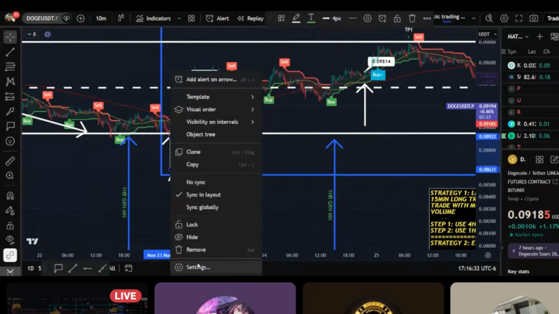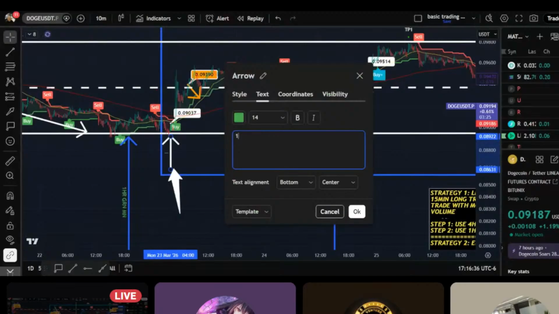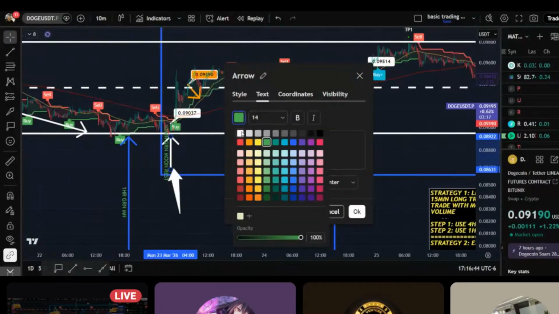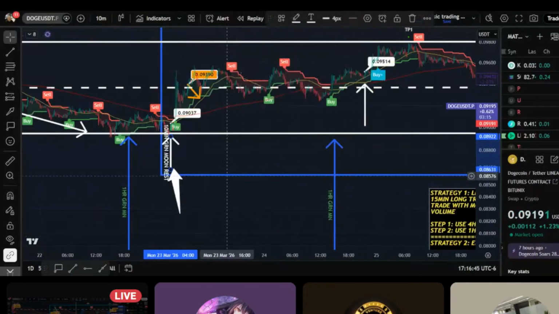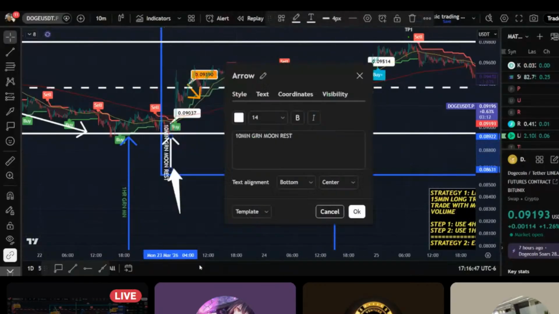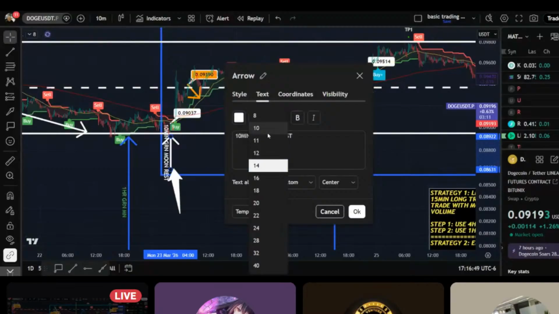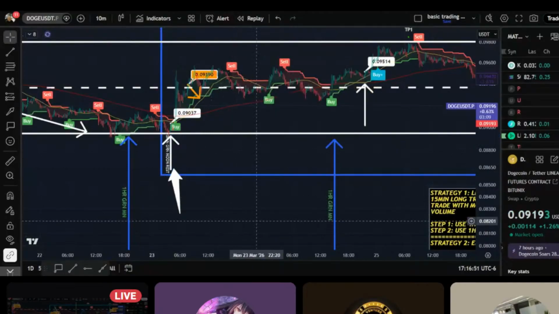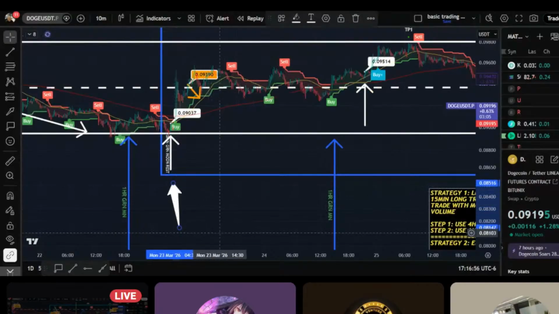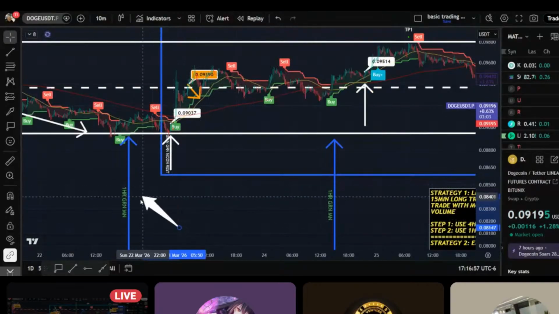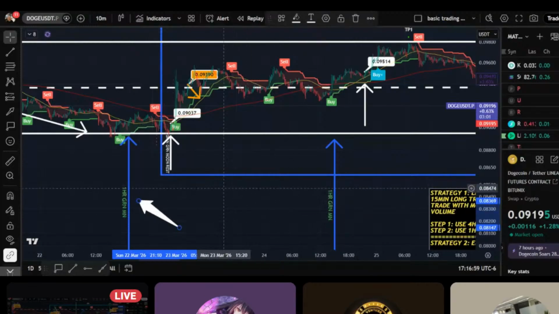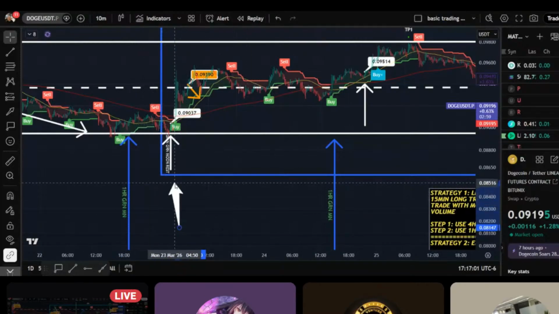This white arrow represents the 10-minute green moon reset. That's all that is. So once we had the buying box happen, we happened to have a green moon happening. That allowed us to move to our next step here, right?